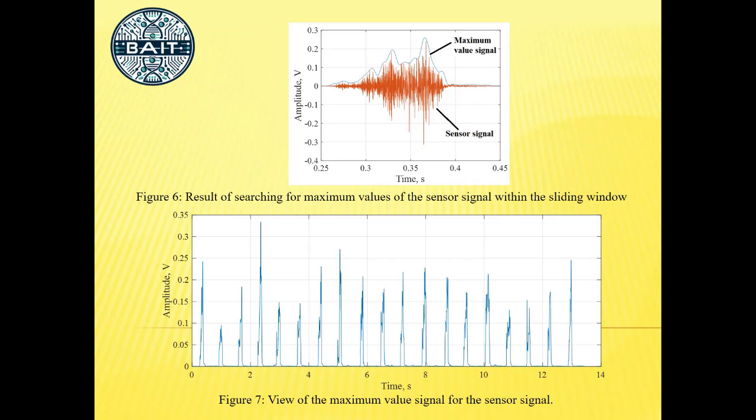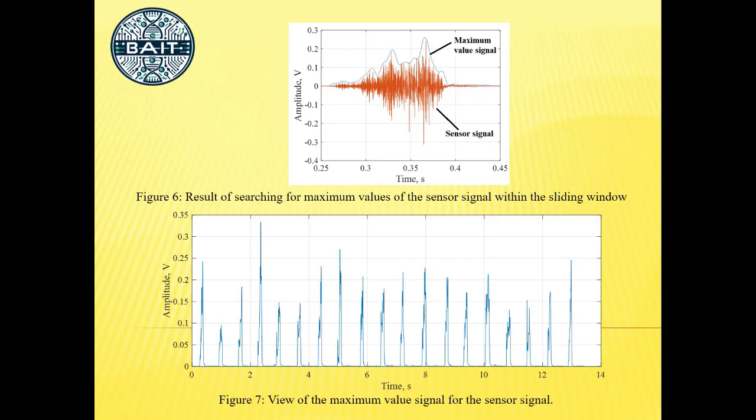It was assumed that the main information about the type of impact on the elastomeric insert will be contained in the structure of the envelope component of a sensor signal. Therefore, it was proposed to isolate the envelope component of such a signal and use it to form actuator control signals. To process the signal, a sliding window was formed, which was translated in time along the recorded signal and within which the search for the maximum value was performed.